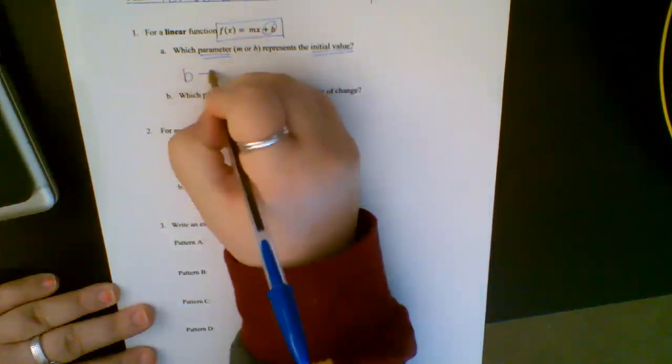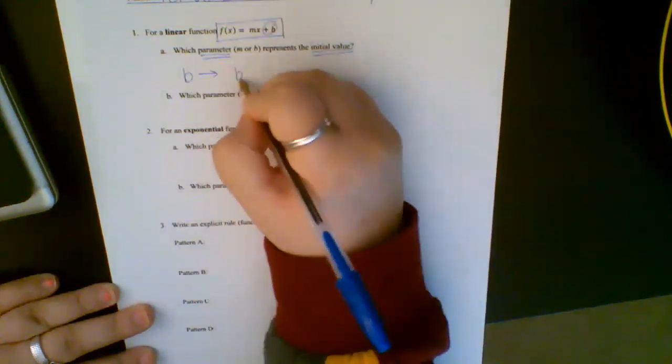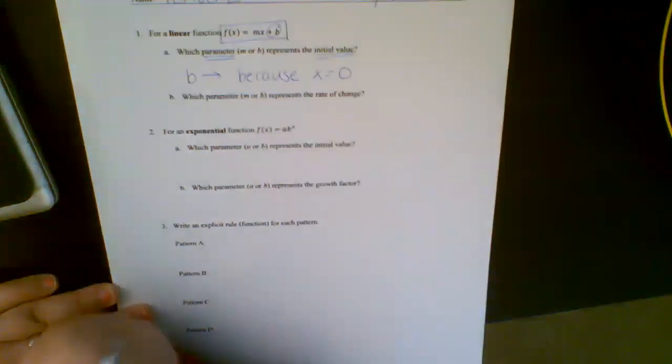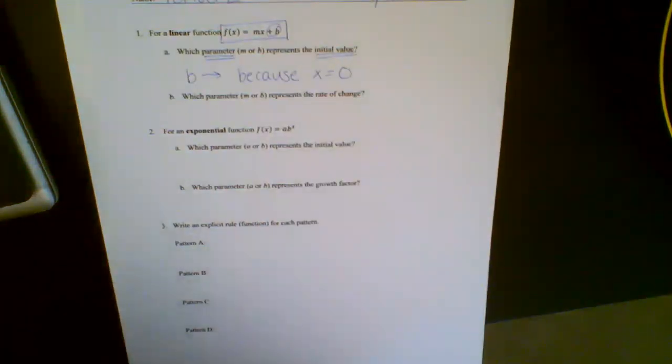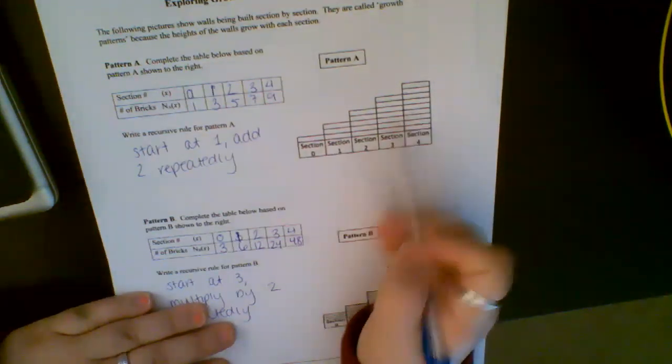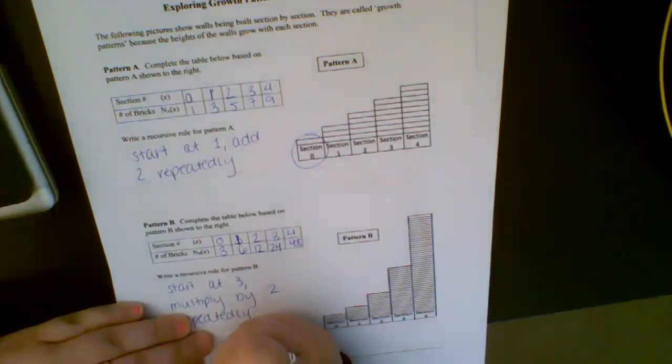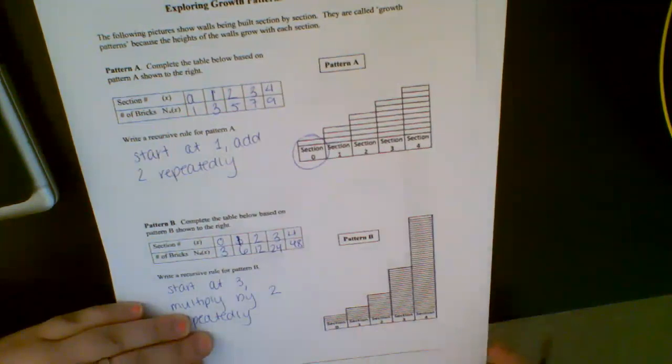So B is the initial value because it's when x is 0. Okay, when we're talking about initial values, it's always step 0. Okay, so in our first example here, this was a linear growth because we were adding repeatedly. Step 0 would be our initial value. In this case, it was 1. We determined those numbers last time I saw you guys.